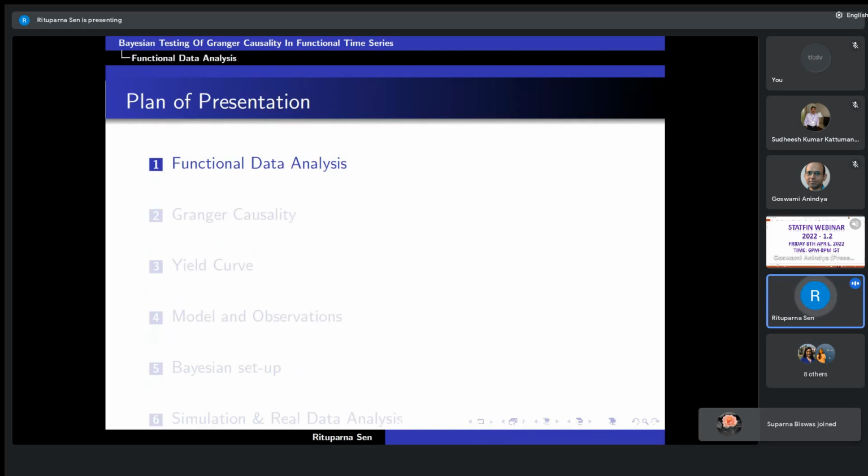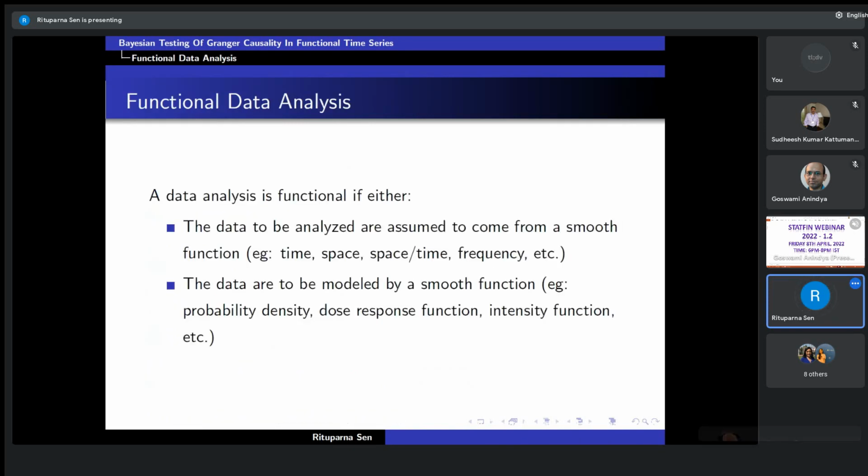So starting with functional data analysis. So what is functional data? The data itself, each data point is a function. So that is when we have functional data. So generally we use univariate data. And then we also know about multivariate, where each observation is a vector. So now each observation is a function.